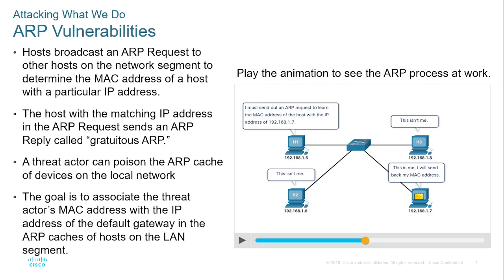So it will do a broadcast and ask for the certain IP to give its MAC address. It will say, hey, host with this IP, what's your MAC address? Something of the sort.